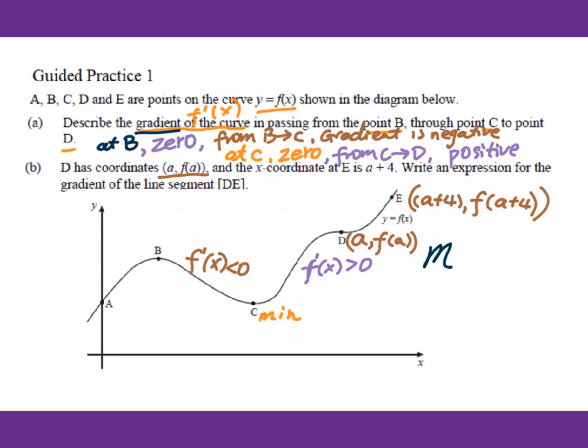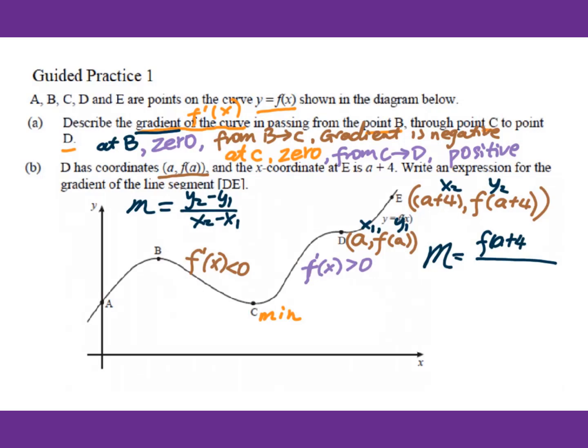If you are given 2 points, the slope equals y2 minus y1 over x2 minus x1. So this is x1, y1, x2, y2. You will have f of A plus 4 minus f of A over A plus 4 minus A, so you will get f of A plus 4 minus f of A over 4.